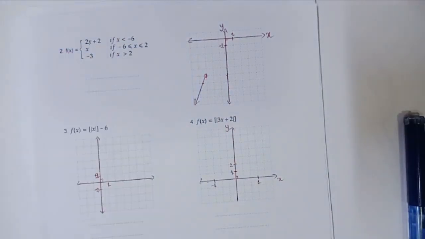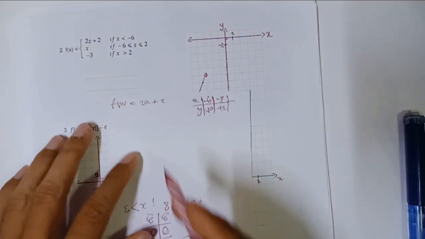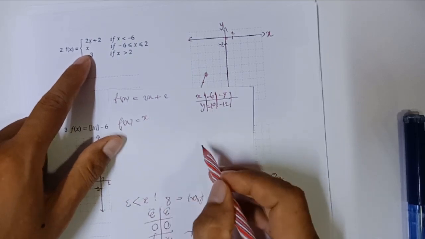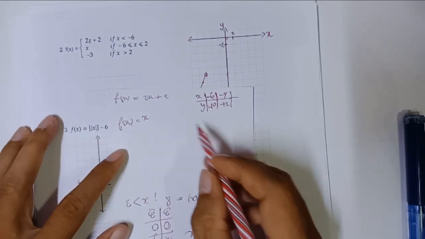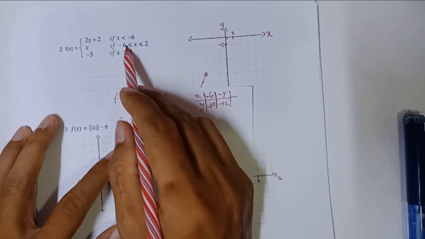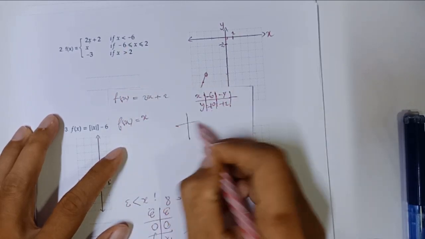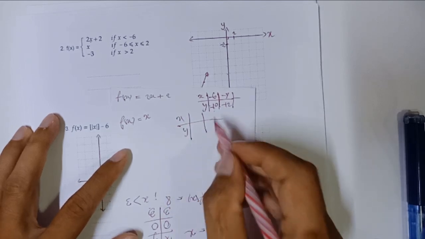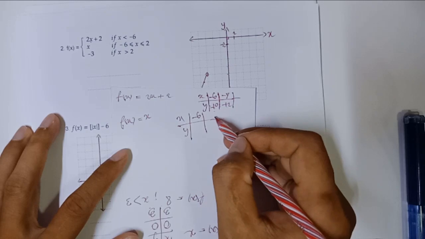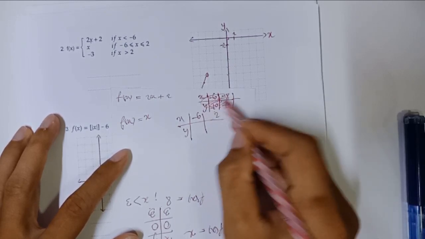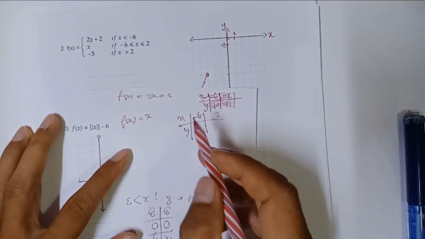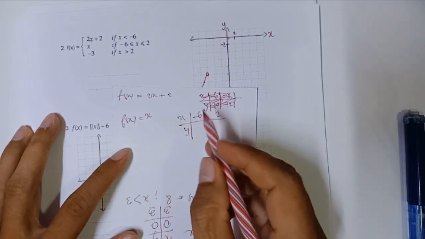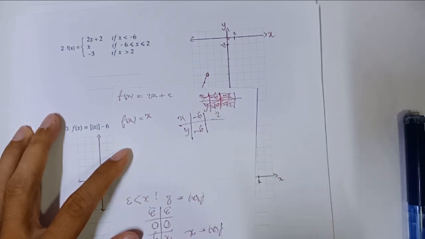Okay, that's one. And then another function, f of x equal to x. Let's start from here. -6 is the borderline, x and y. So I will put -6, I will put 2. When x is -6, y is also -6.